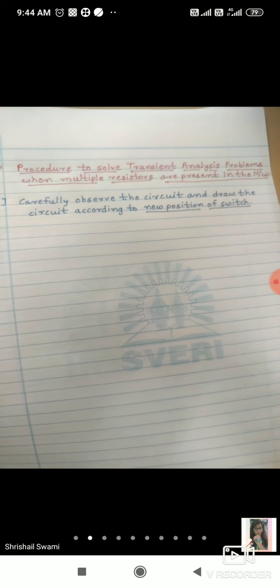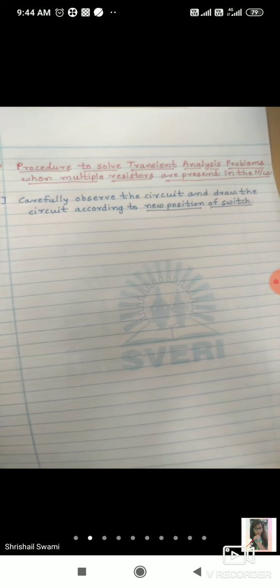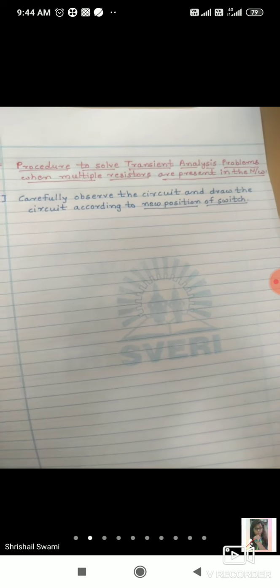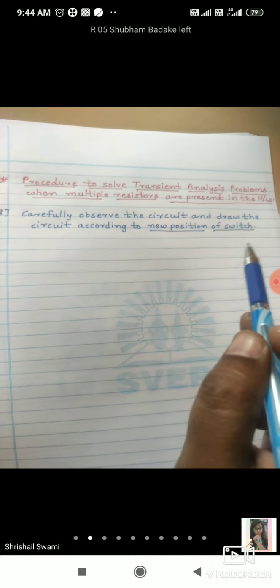So according to that new position, that is, the switch has been opened or closed at t is equal to 0, or the switch is moving from A to B, you have to draw the diagram in which you connect the switch towards position B. So this will be the first point: carefully observe the circuit and draw the circuit according to the new position of the switch so that you can find out the equation.